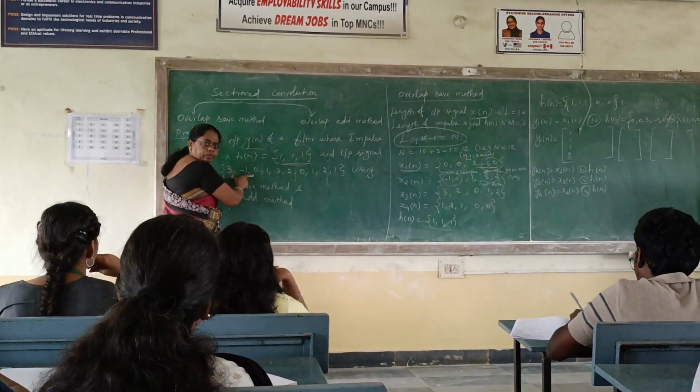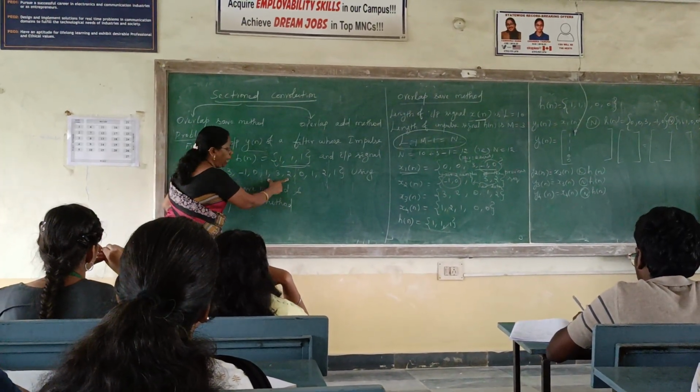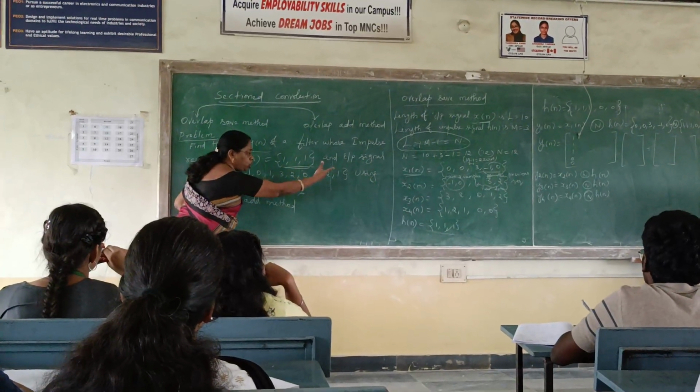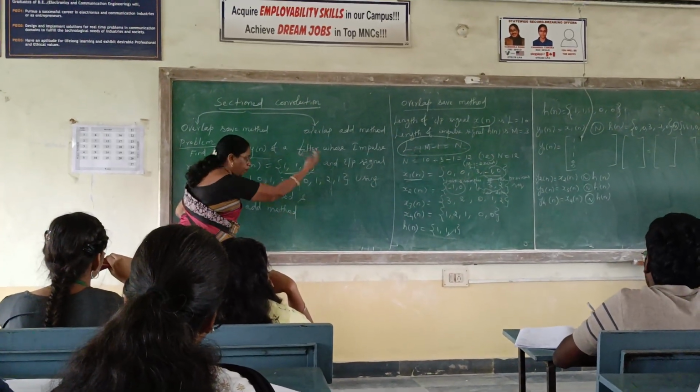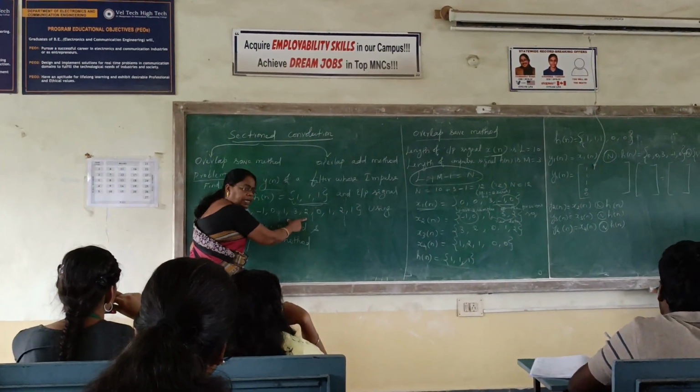So the first 3 samples we have taken already, and for the second one, the last 2 samples from the previous one, along with that you write the second block.